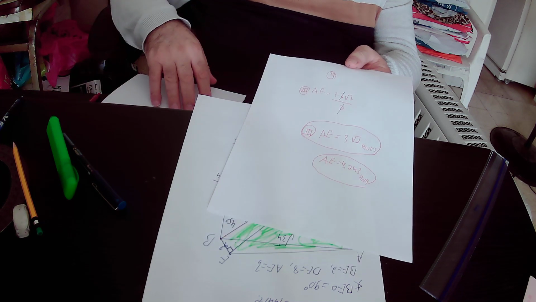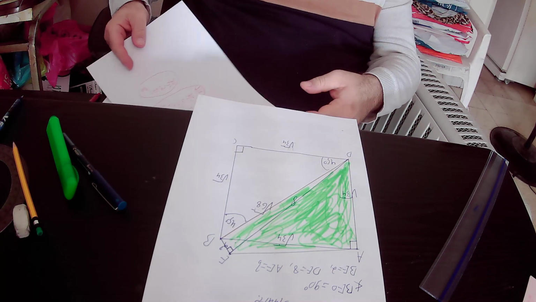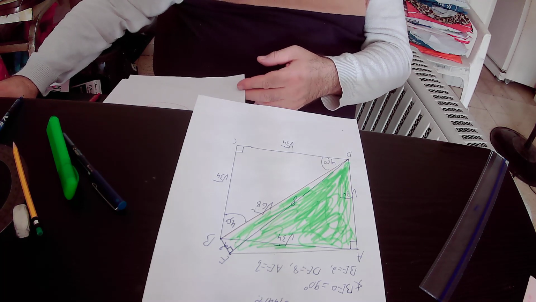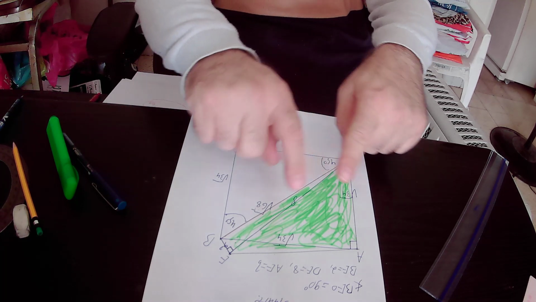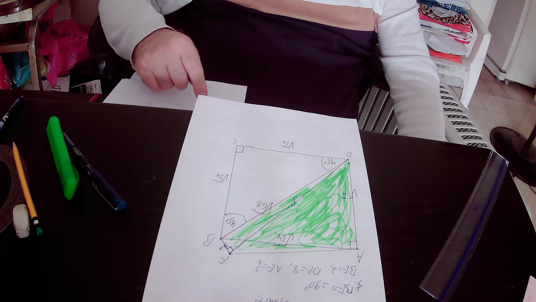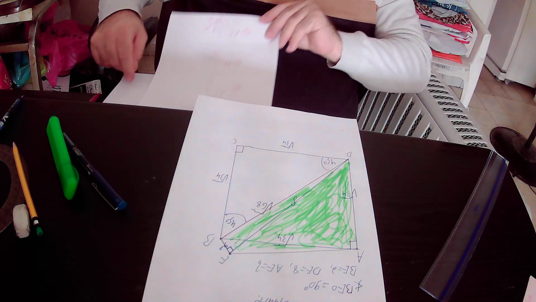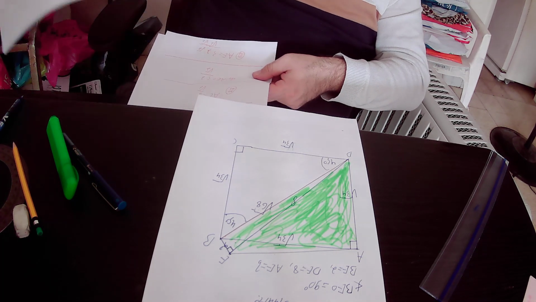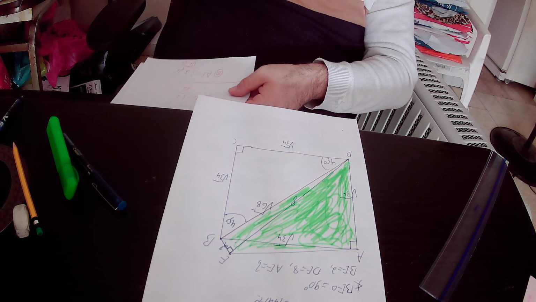Now I will summarize the lecture. Actually, we wanted to find out the value of line segment AE, or the size of line segment AE. We have here square ABCD.